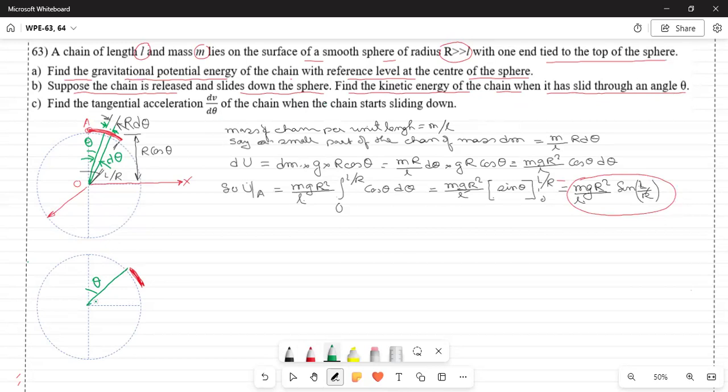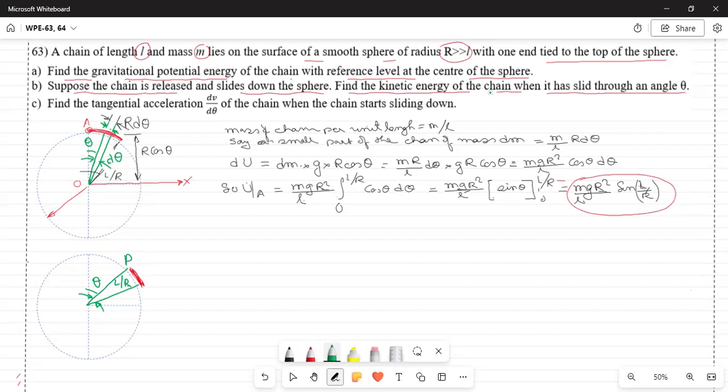In that case, this angle is L by R, L upon R in radian. This point is A. Let us consider this point is P. Now, the question is, find the kinetic energy of the chain.